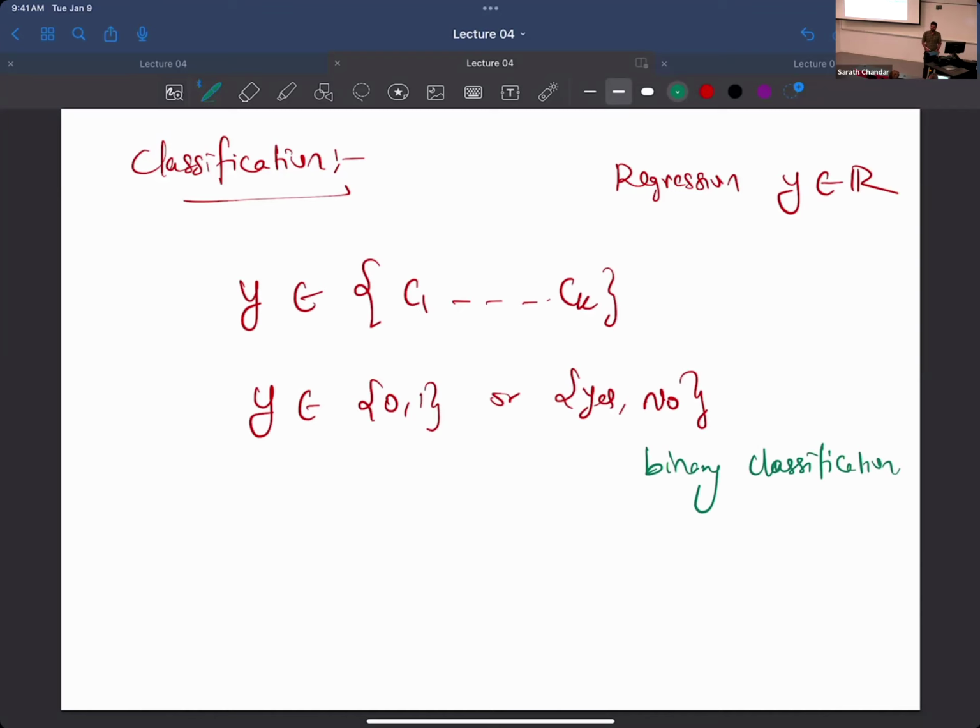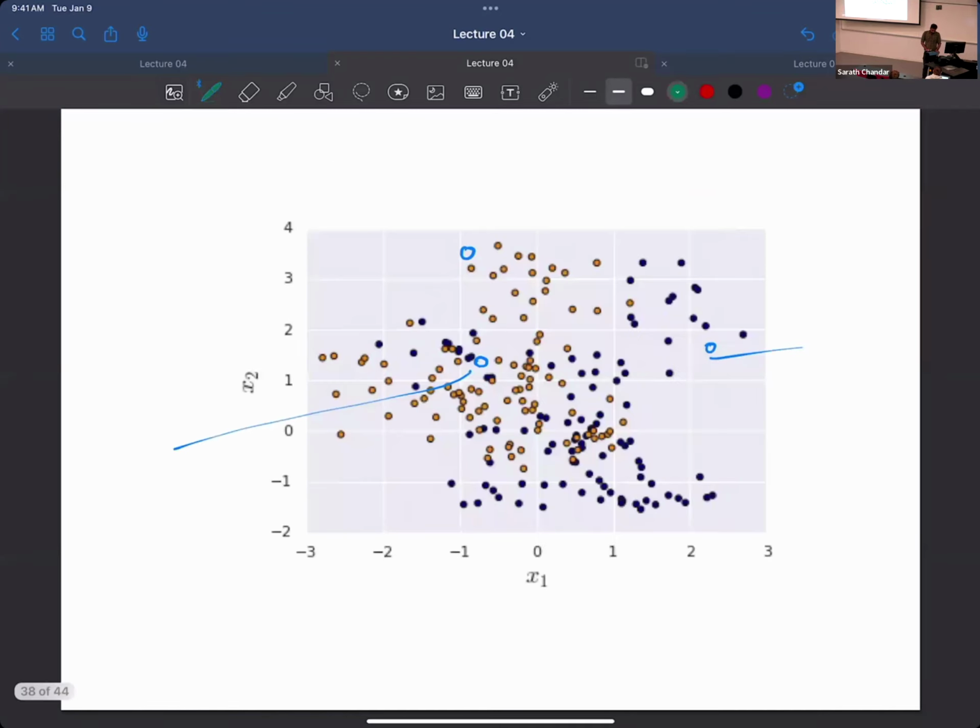Is that clear? Okay, let's start with an example. Here I have a bunch of yellow and blue circles. So there are two classes here. It doesn't matter what yellow means or what blue means. There is a yellow class and a blue class. Now, I'm interested in predicting the class for new examples.